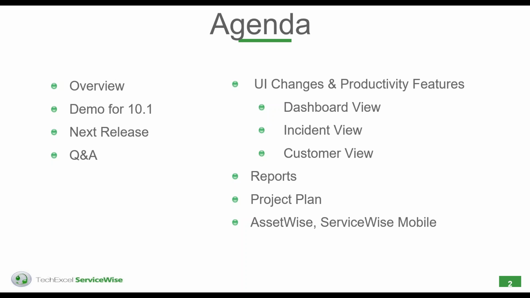Prince, I saw a question asking about the changes in the customer view. Probably there are customers who joined later that missed that. So in the customer view, the major changes are basically two parts.